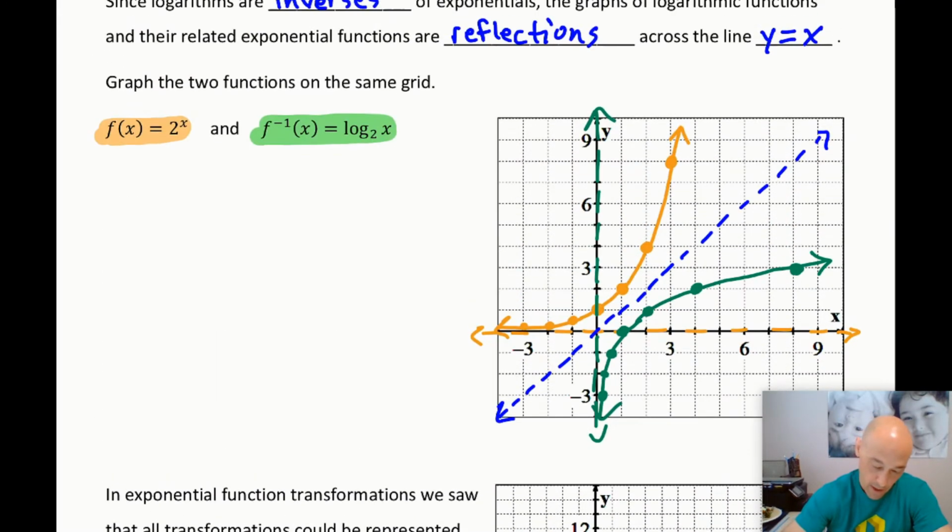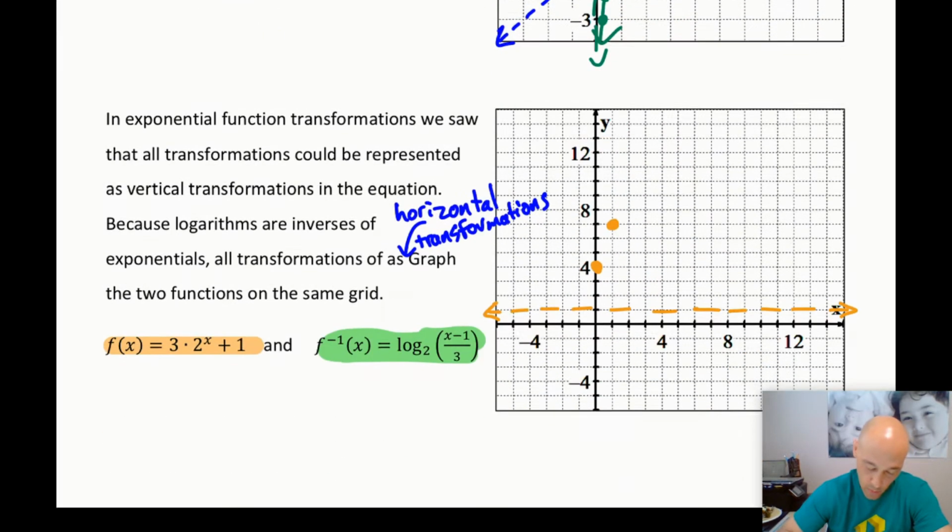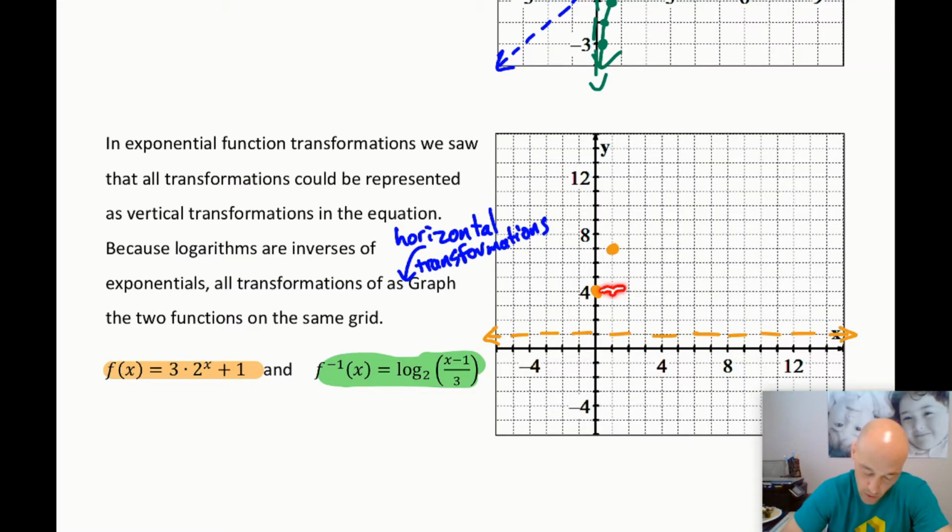And from this point, when we go 2 units to the right, we went up 1, 2, 3, 4. Now we'll go up 9. So 2 units to the right, up 9. 1, 2, 3, 4, 5, 6, 7, 8, 9. Right there at the point 2, 13.